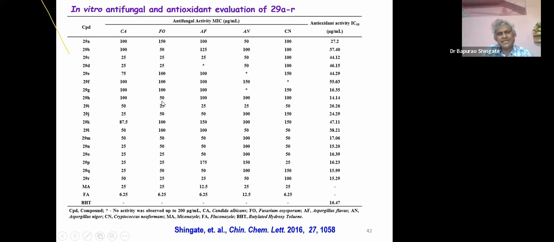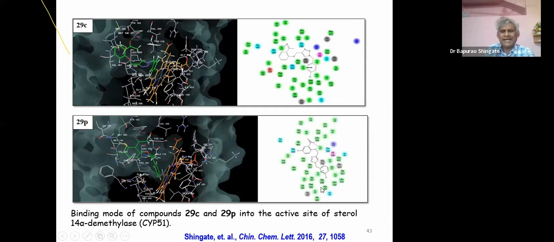See, among these synthesized compounds, some of the compounds are showing equivalent potency against the standard drug, as well as some of the compounds are showing twofold potency in terms of different types of fungal strains. However, some of the compounds are showing equivalent antioxidant activity, and we have docked these compounds against the active site of sterol 14 alpha demethylase and showing better interactions with the different types of amino acids over here.